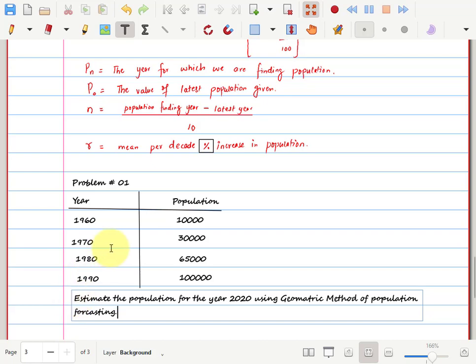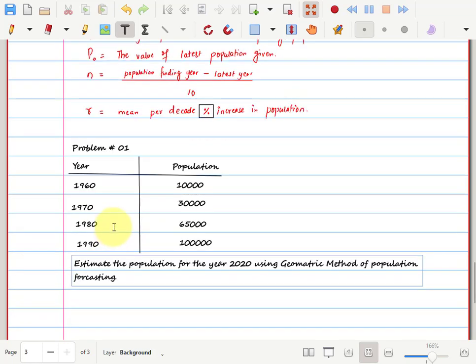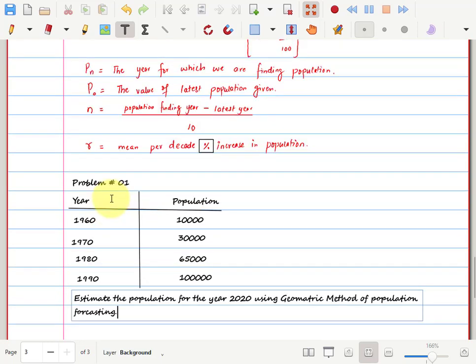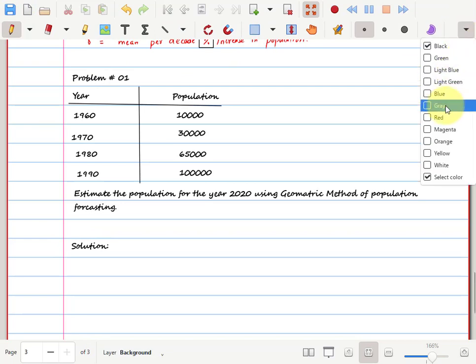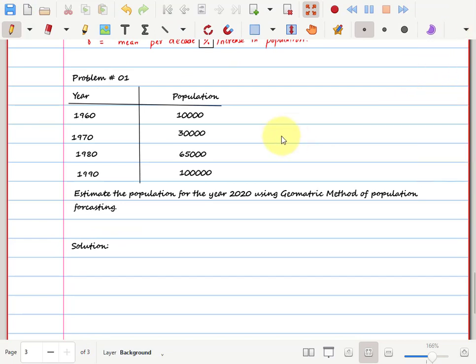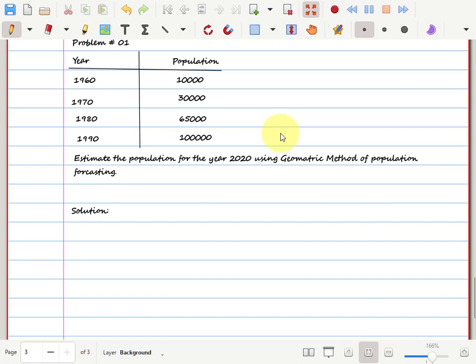Okay, we need to find the population in year 2020 using the geometric method. So let's write down the formula first. Solution. After solution, the first thing we need to write down is the formula, and then we will see what we got and what we need to find.